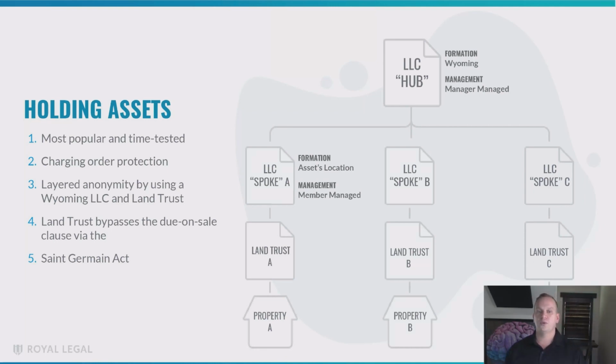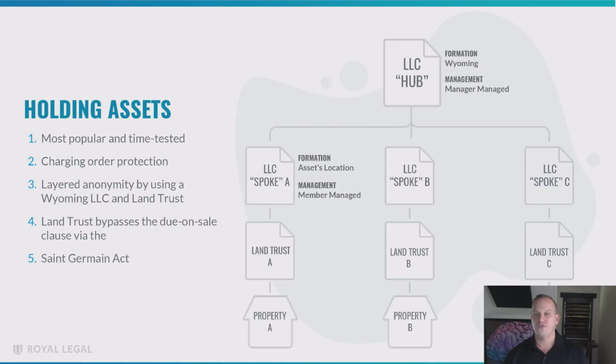So when we look at a non-series structure, we're looking at just an LLC structure. And here's where we have the hub and spoke model of an LLC. So you'd have one LLC that's typically formed here in Wyoming, which is a manager, typically a manager-managed LLC.